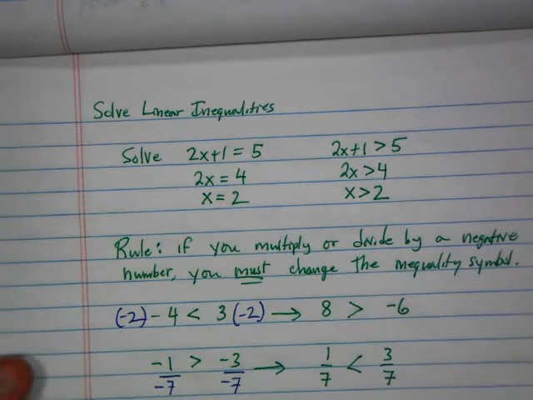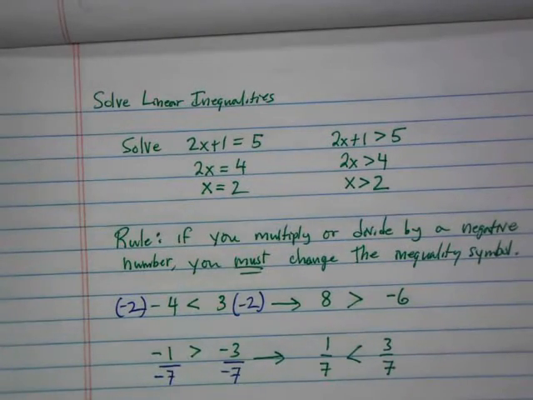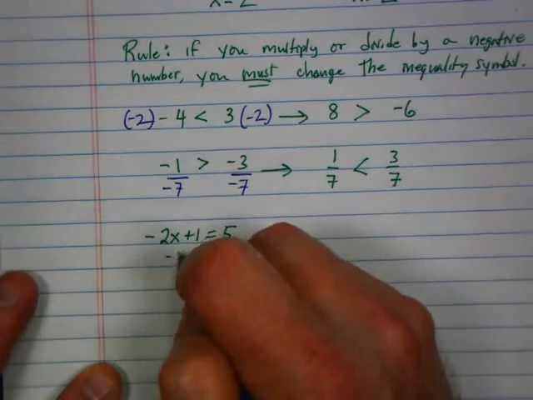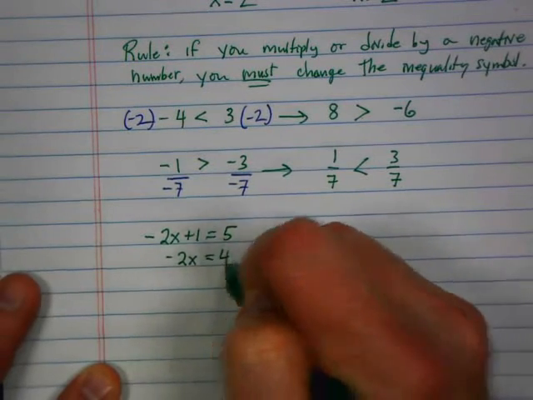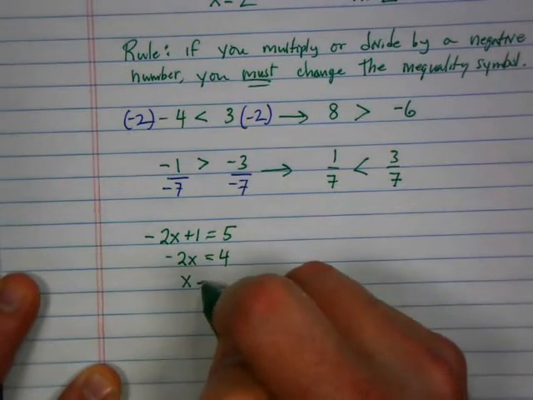Okay, so now let's go back up and change this problem ever so slightly. If I give you -2x plus 1 equals 5, what do you do to solve? Subtract 1. -2x equals 4. Divide by the -2, you write x equals -2.